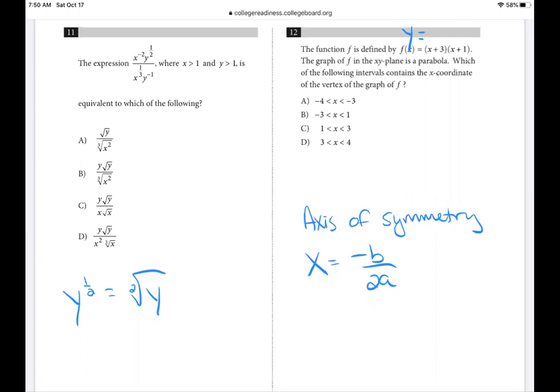So if I take this x to the power of -2 that's originally in the numerator, if I send it to the denominator, it will become x to the power of +2. And likewise with the y to the power of -1 that's originally in the denominator, I'm going to send that to the numerator.